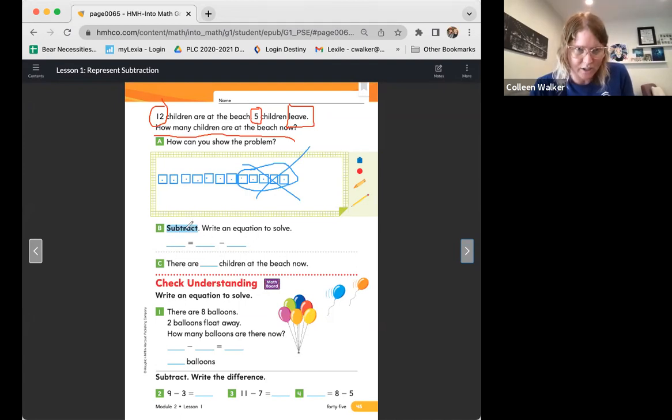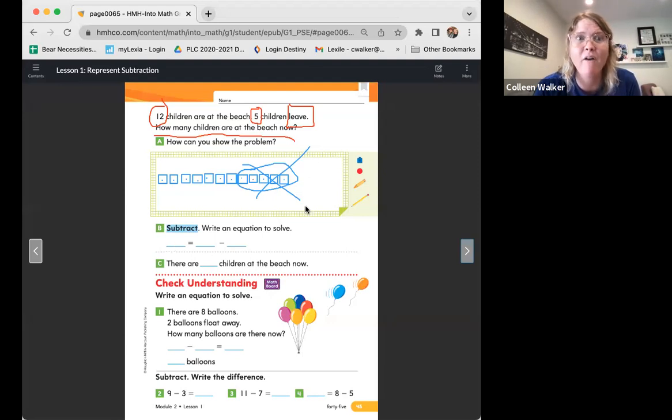Now we need to do this. It says write an equation to solve. So to write our equation, we first of all have to figure out where our numbers are going to go, because we know what our numbers are.